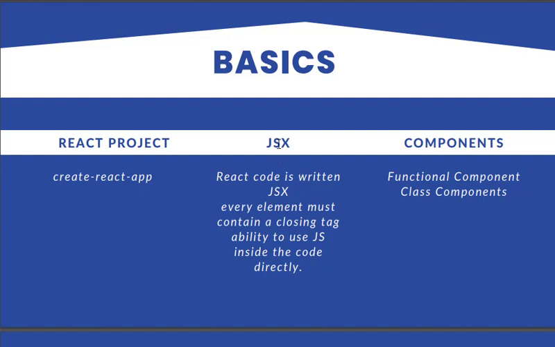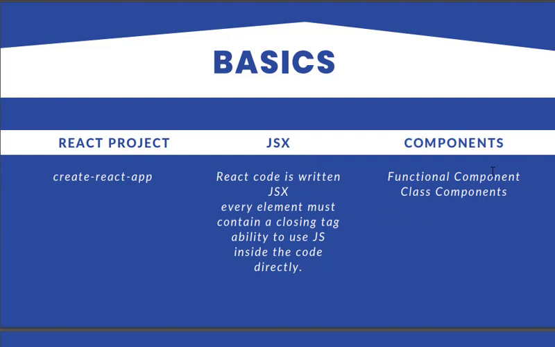The second thing is JSX. As you know, React code is written in JSX. JSX is JavaScript XML, and in JSX we close every tag, and we also write our code in camel case, but HTML is not like that. The third thing is components.